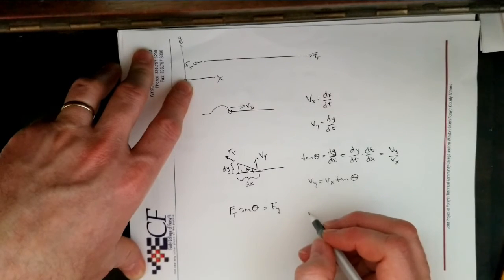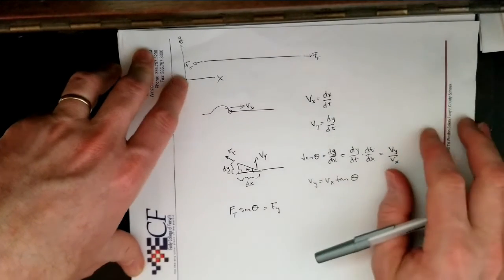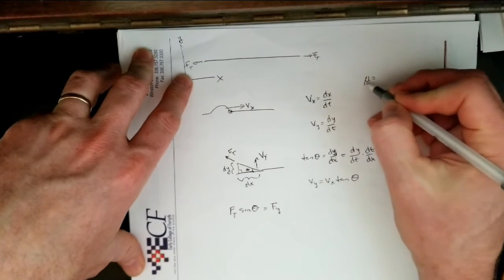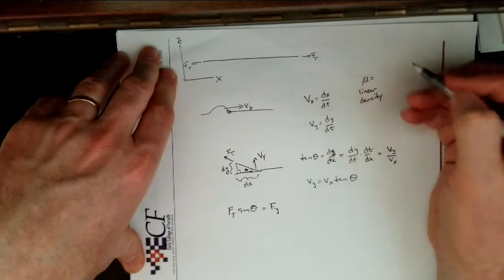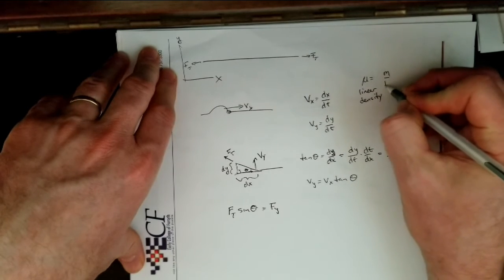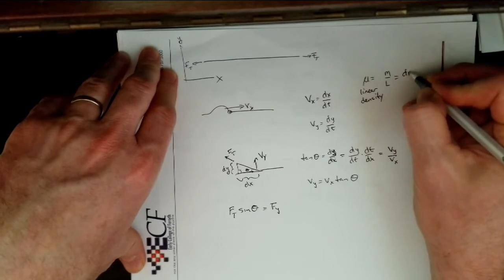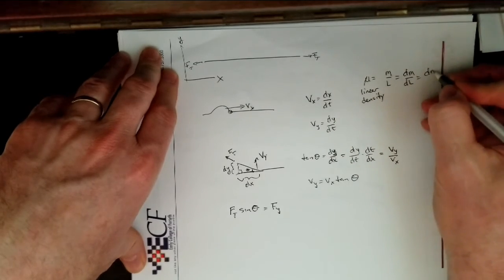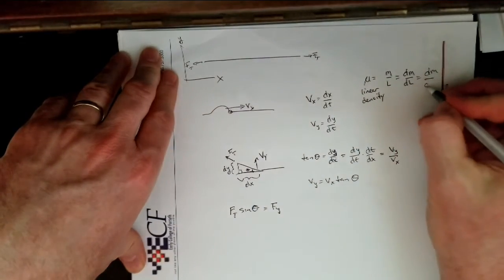And so I think that we've set up the basics here. Oh, one more thing to set up the basics. We do need to look at the linear density. So mu is the linear density, and that's equal to the mass over the length, or on a really small scale, dm dl, or in this, given our convention right here, dm dx.